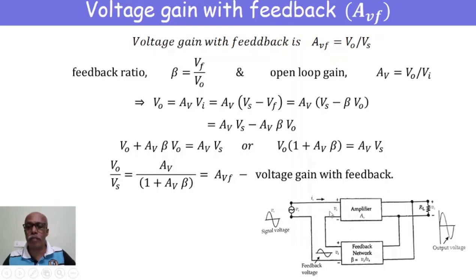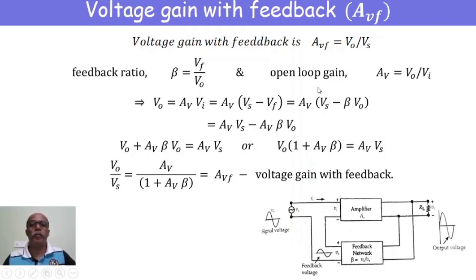Vi is the sum of Vs plus Vf. Remember, Vi is Vs minus Vf since it is negative feedback, therefore it is minus. If it is positive feedback, it is plus.